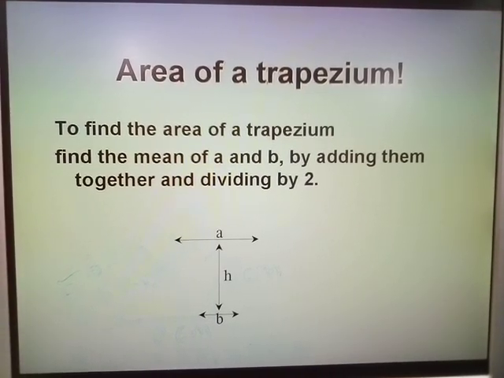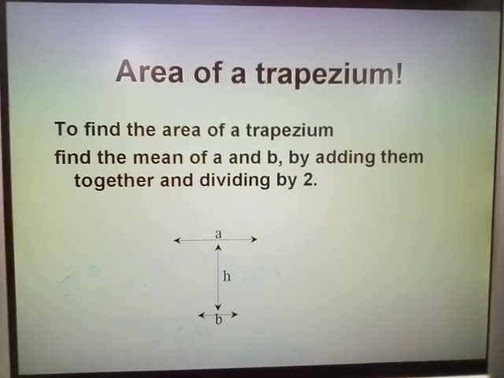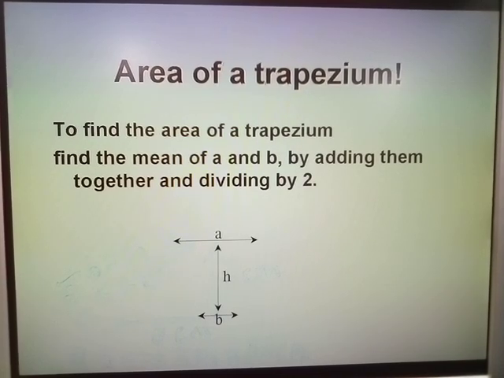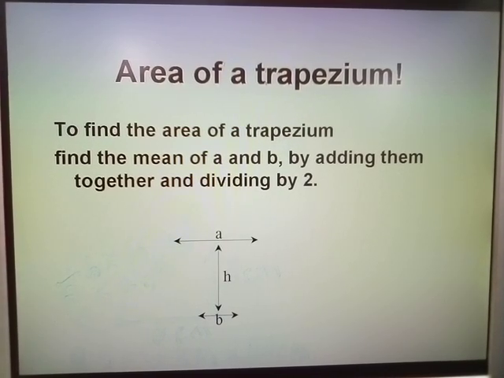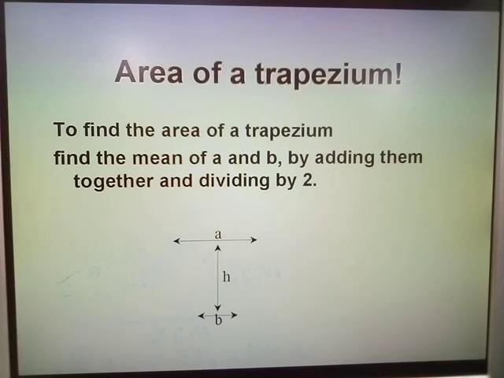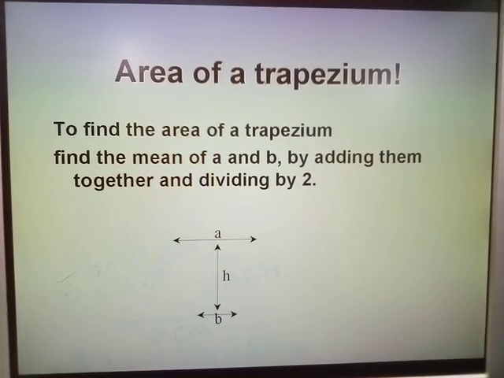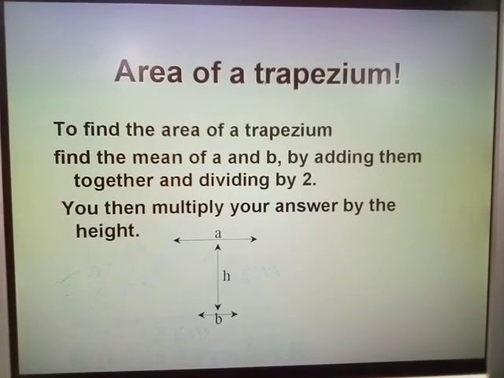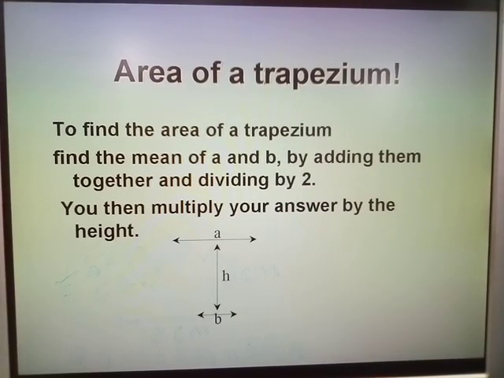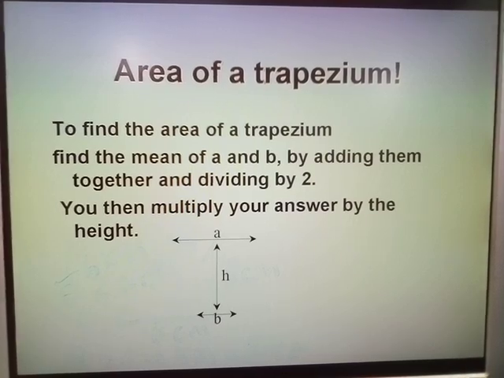Okay. You then multiply your answer by the height.